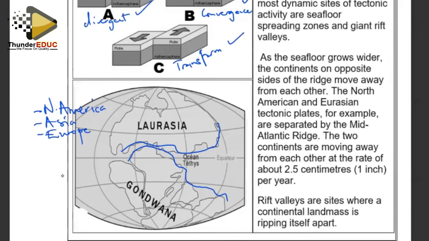And in the south, the remnants of Gondwanaland. It's Africa, South America, and we also have Australia, and you can also add Antarctica.